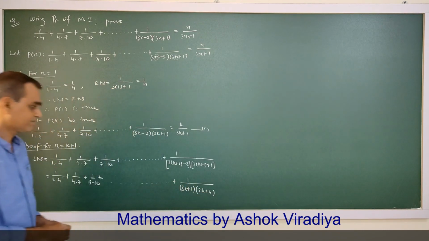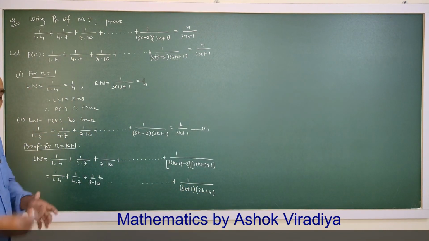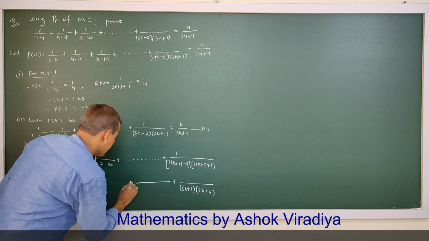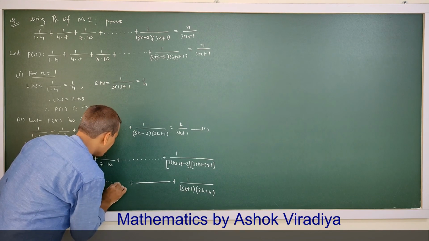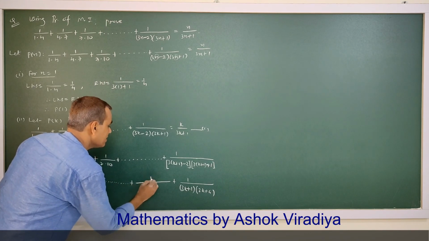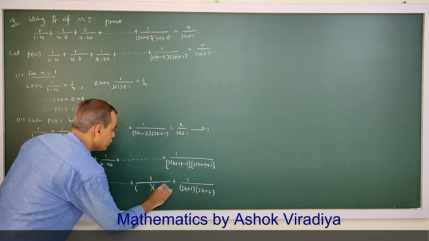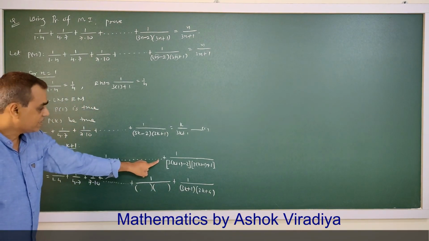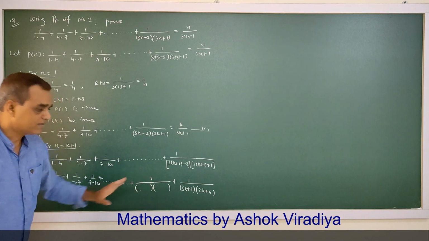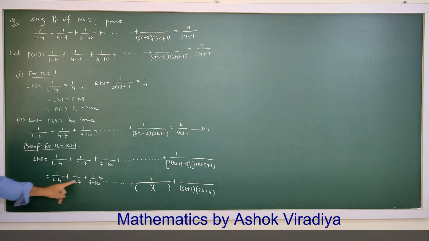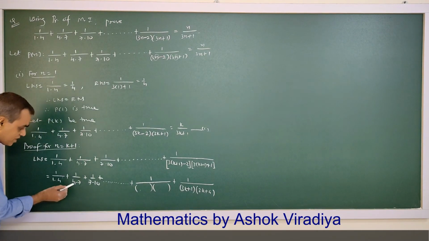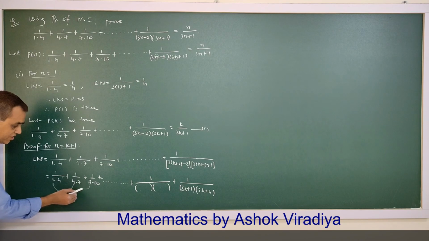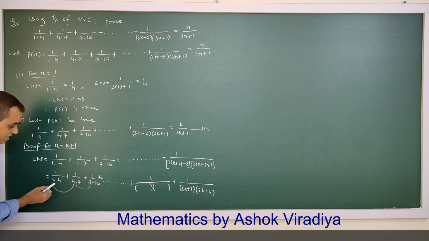This is the last term. Now as we do in every problem, we make the second last term appear. What will be the second last term? That we are making visible, something into something. Here it is hidden, we are making it appear. By observation, the first value: 7 minus 3, 4; 4 minus 3, 1.